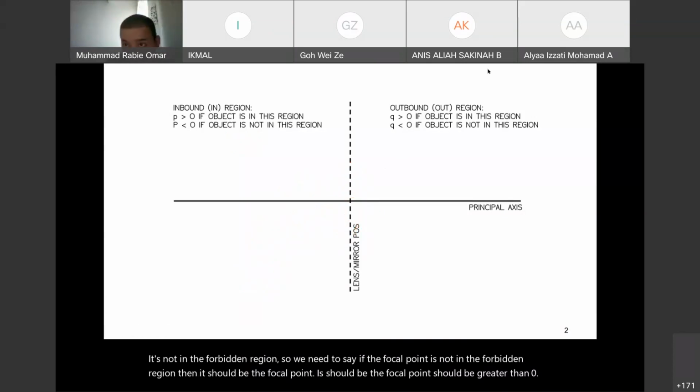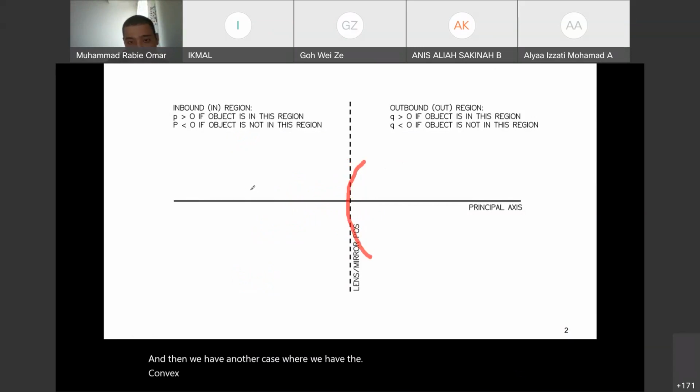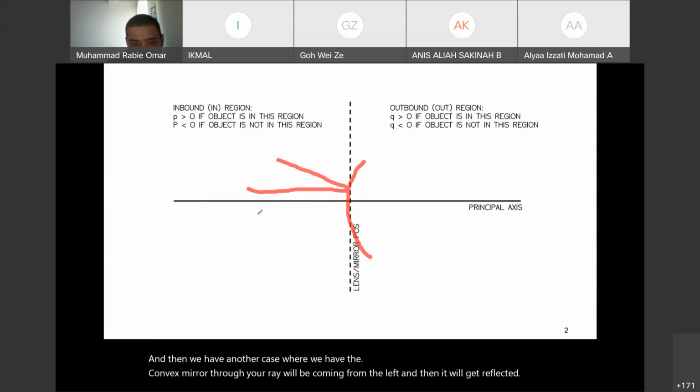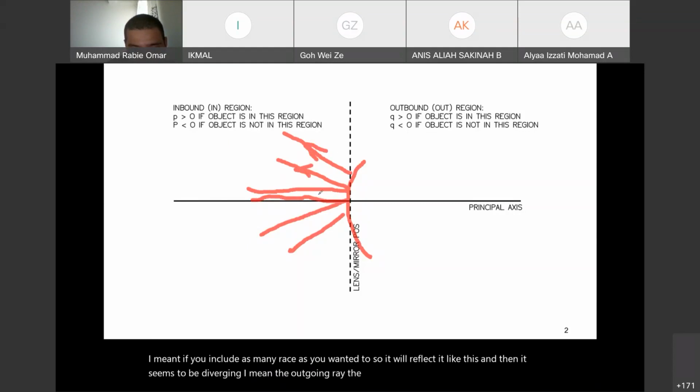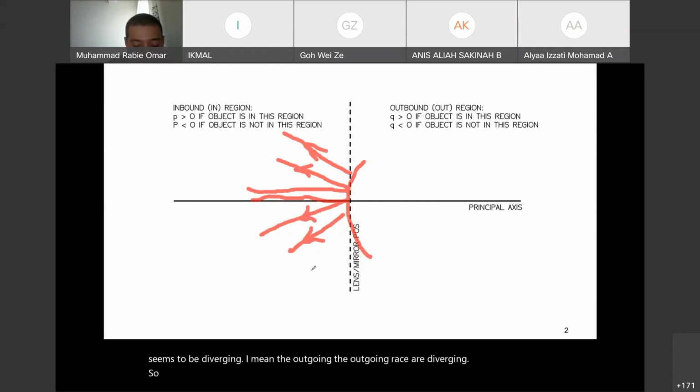And then we have another case where we have the convex mirror. So your ray will be coming from the left and then it will get reflected. And if you include as many rays as you want, it will reflect like this, and then it seems to be diverging. I mean, the outgoing rays are diverging. So it is not converging. So for the convex mirror, the rays are diverging.